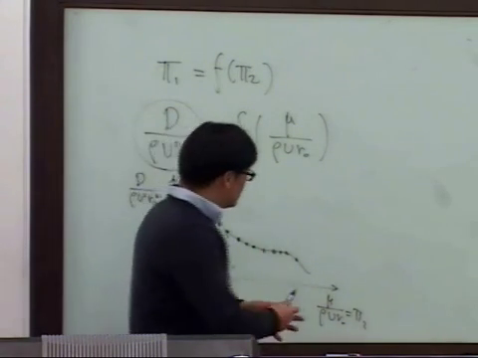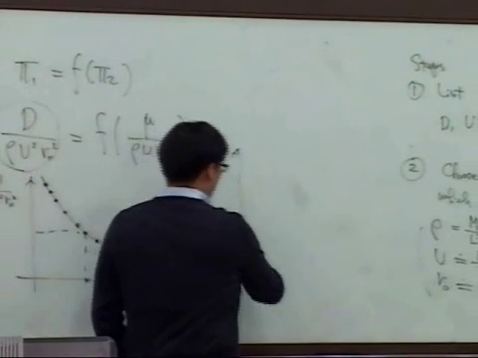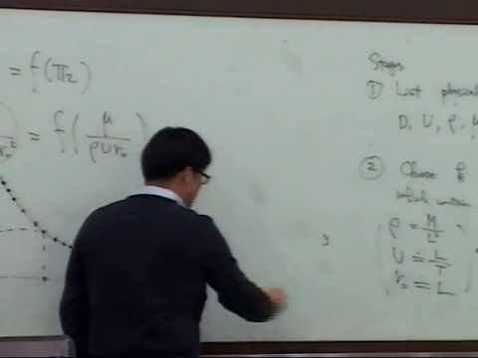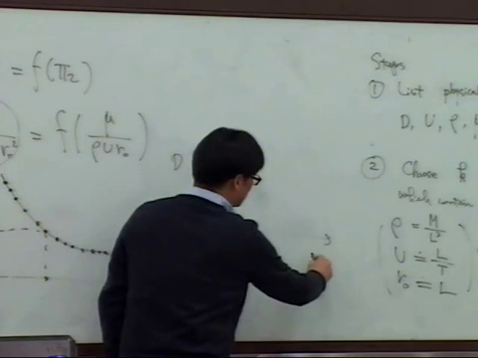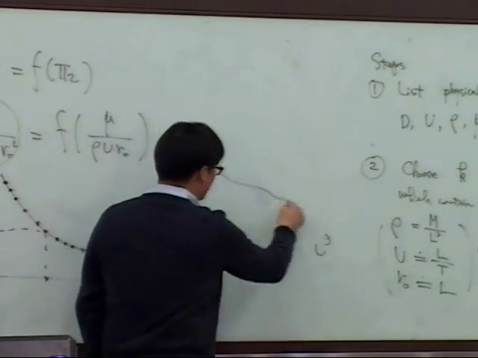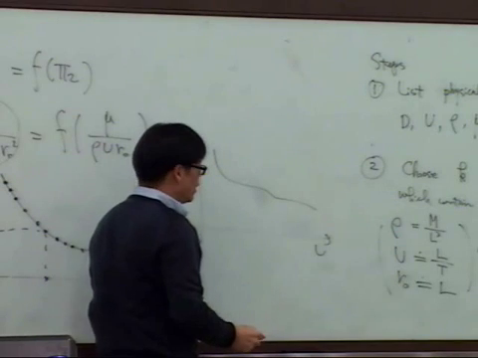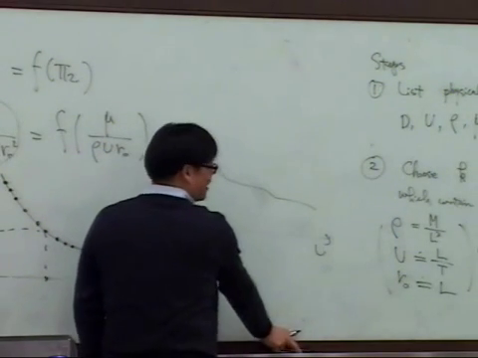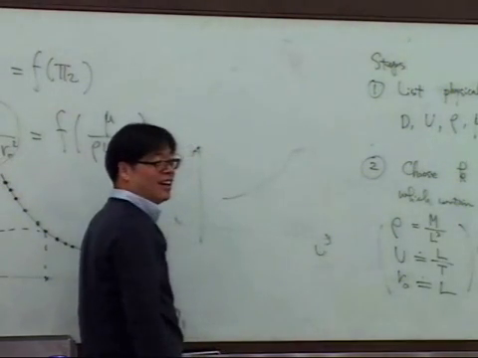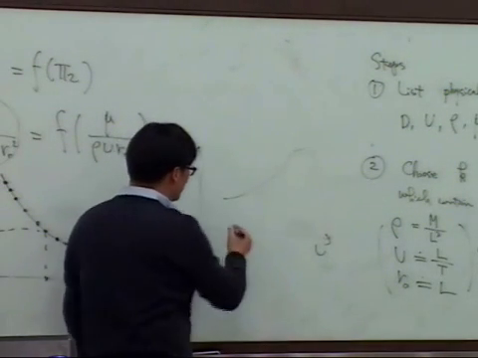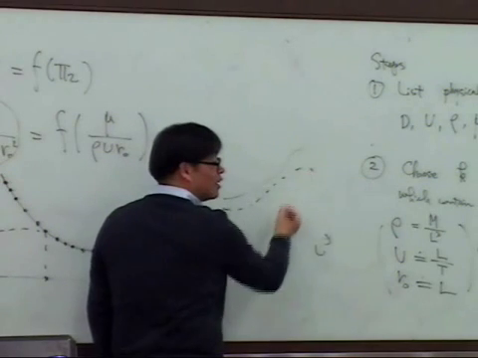If you don't do this, then every time you have to draw drag versus, for example, speed, you will get one curve. Of course, not this way. Drag will increase, okay? And then if you change the radius, you will get another curve.